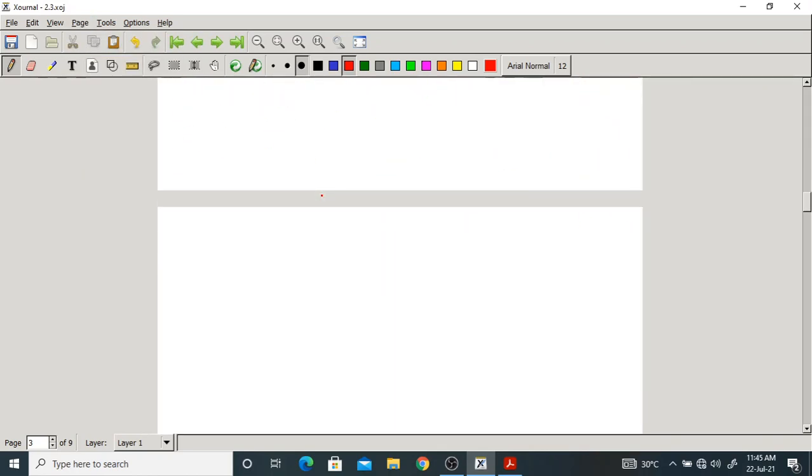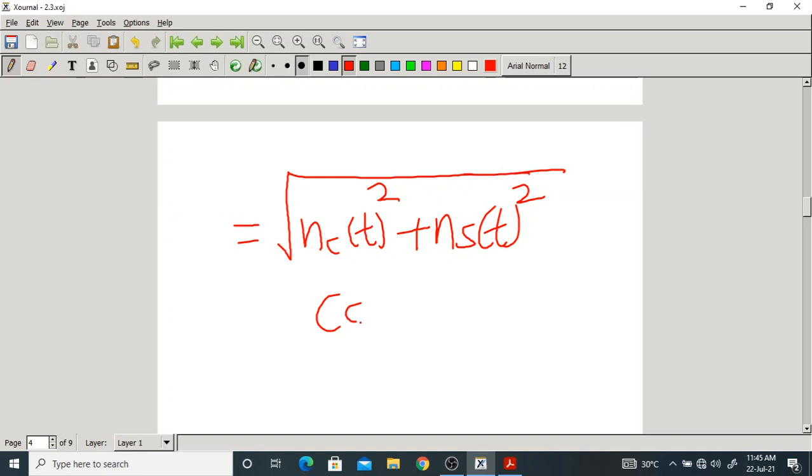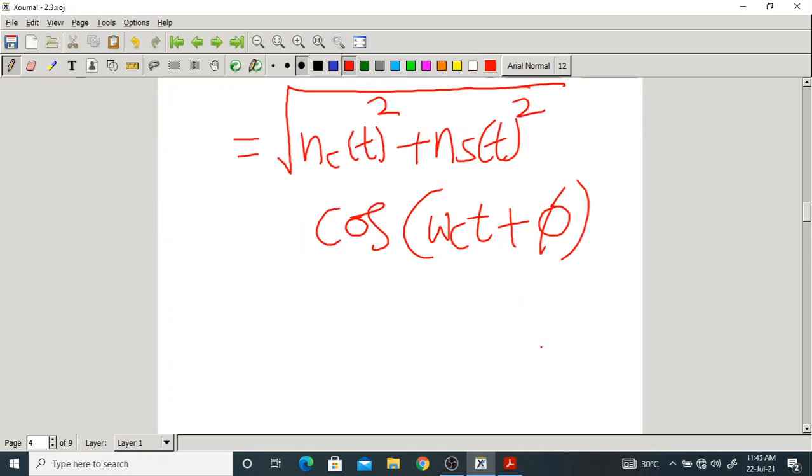So that can be written as square root of (n_c(t)² + n_s(t)²), this is a² + b², times cos of θ, where θ is ω_c t plus some phase φ.